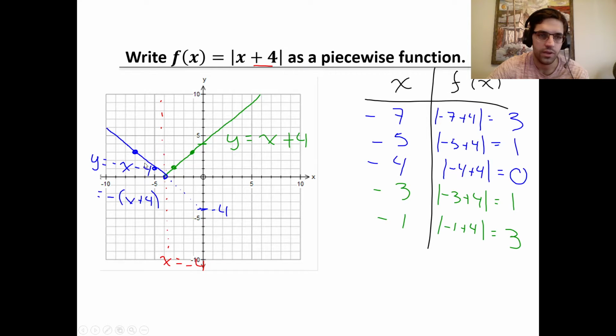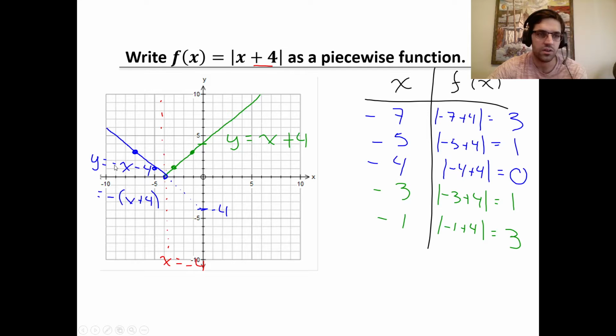The blue line, if we continue it beyond -4 to the right, we would see that it would intersect, and we continue our slope of down 1, right 1, down 1, right 1, all the way to the y-axis. We see that we have a y-intercept of -4, and we know our slope is also -1.